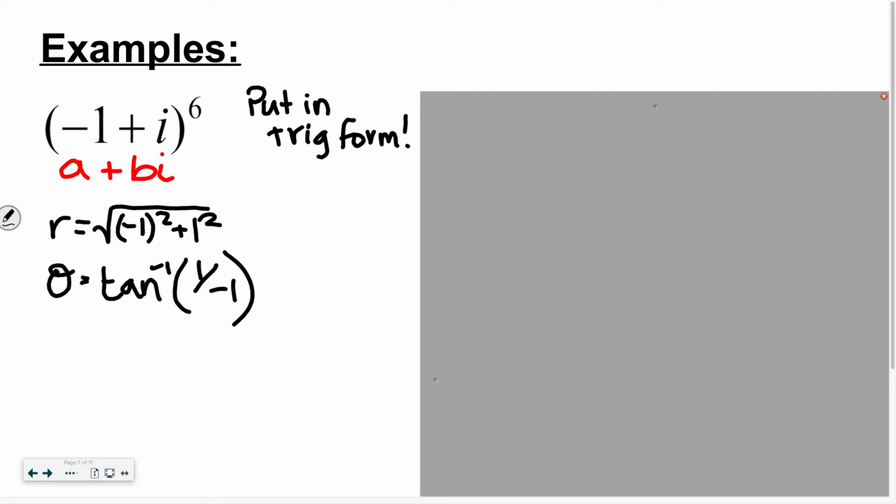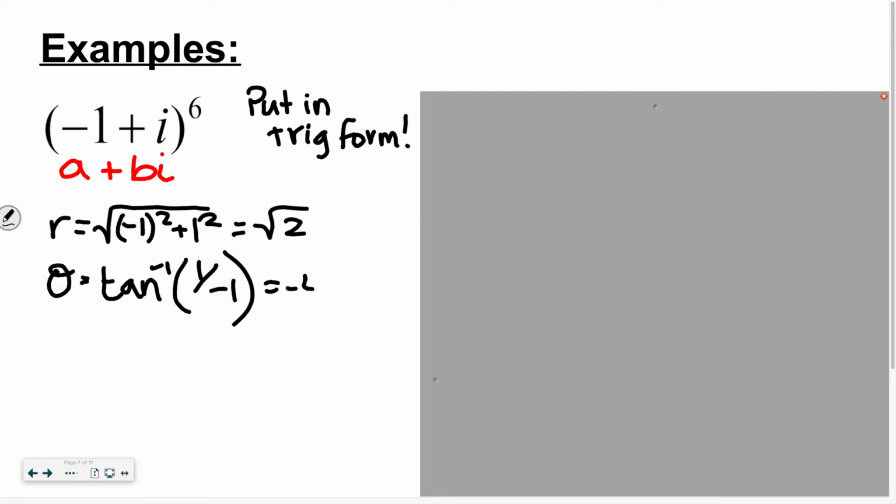And if you relate that back to trigonometry, that's just Pythagorean theorem and tangent. Remember, a and b, in terms of r and theta, they're that component form in terms of magnitude and direction. So they're r cosine theta, r sine theta, if you ever need to switch back. Let's see, for the modulus, we're going to get square root 2.